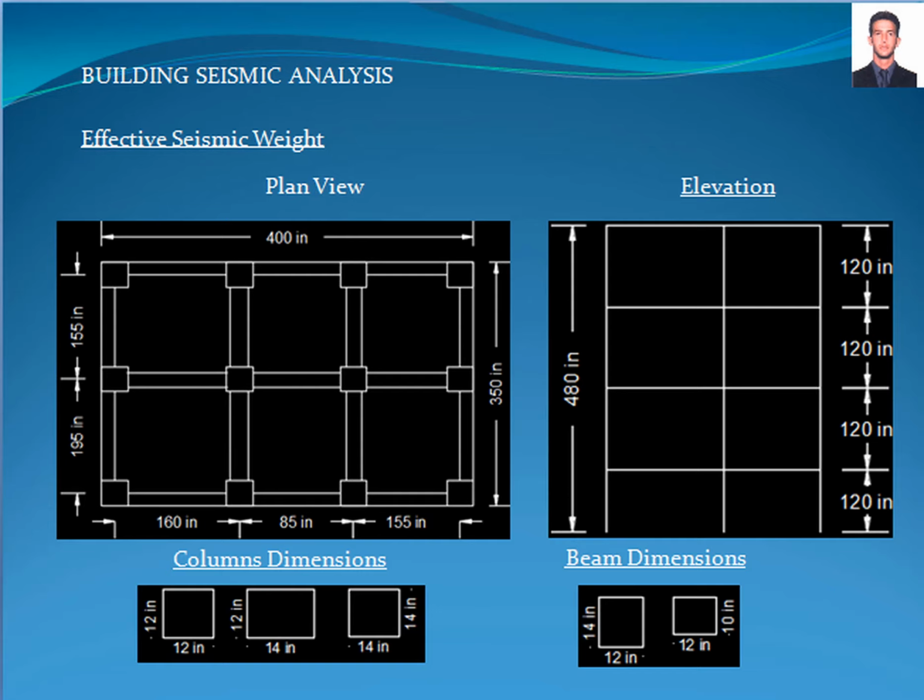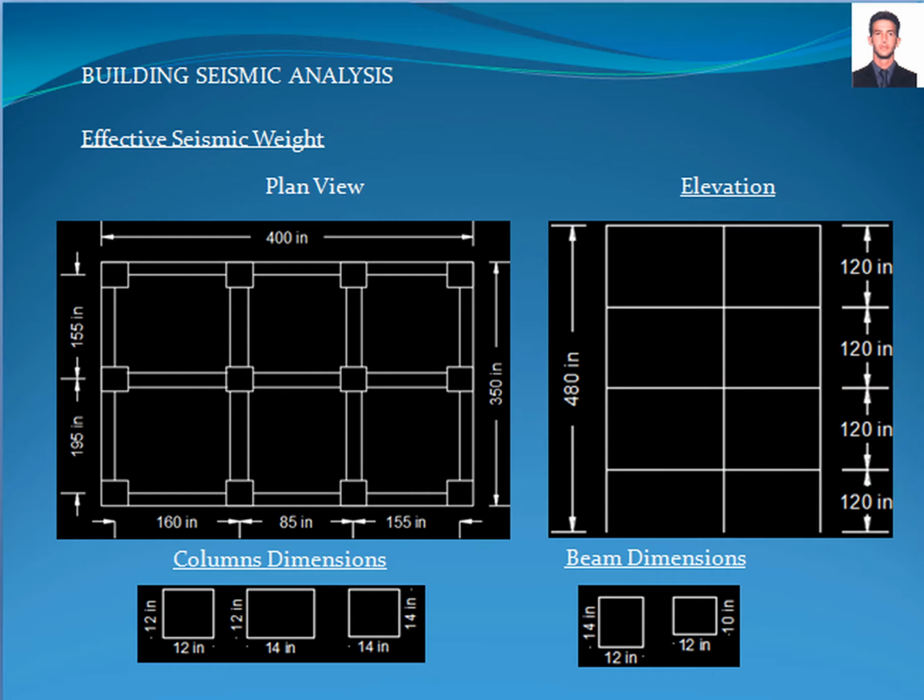Now, as an example, we are going to apply the equivalent lateral force procedure for a special moment-resisting frame structure of 4 stories for a residential use with these features. Total height 480 inches, height of each story 120 inches, slab thickness 10 inches.